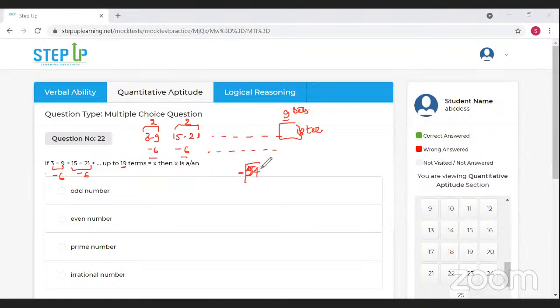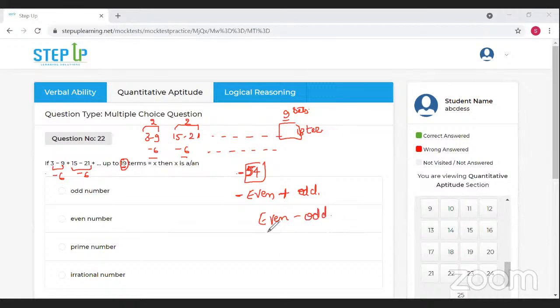Fine. So you know that this number is even. Now the next number, the 19th term, will be odd. The 19th term will be plus here, but this is minus, so it is basically even minus odd.